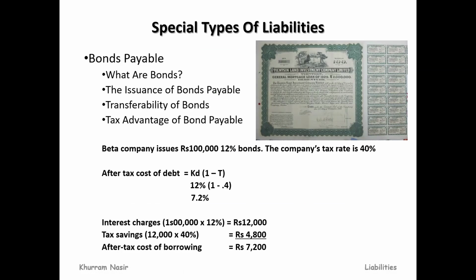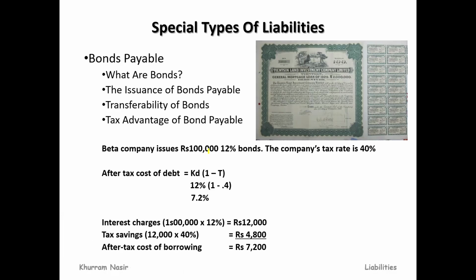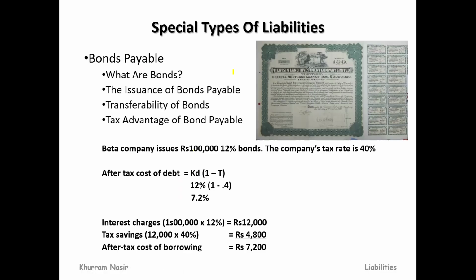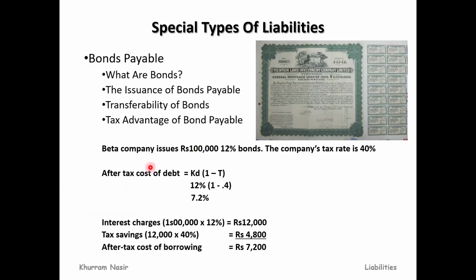Whenever a company issues a loan, let's say a company borrows 1 lakh at 12%, and there's a tax rate of 40%.